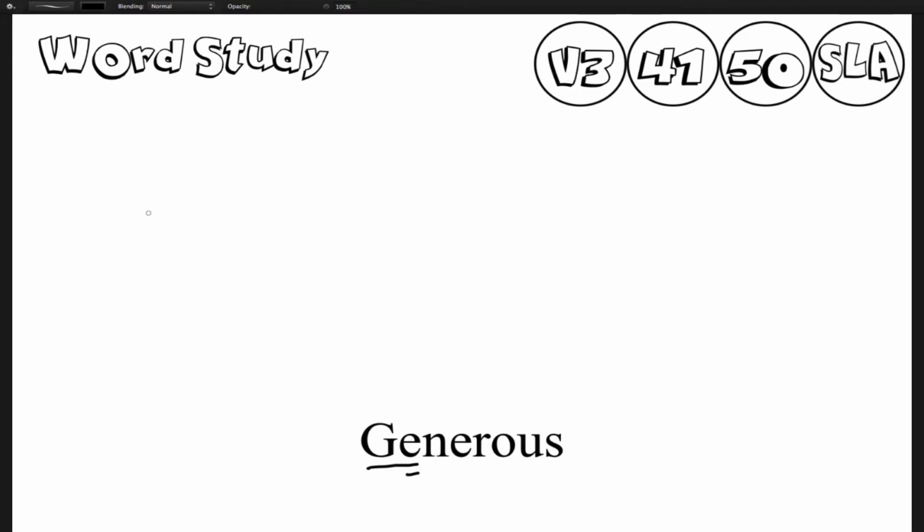The next word is our last soft G word for this word study. This word is generous. Generous also has 2 meanings. The first meaning of generous is someone who is willing to freely give or share money, help, or time. This person is very generous. Here you are. Have some money.